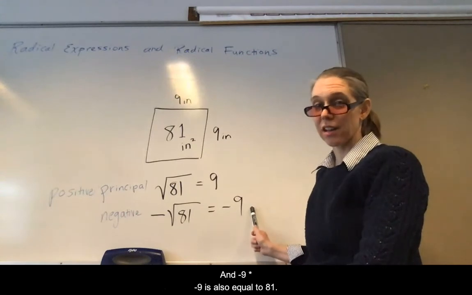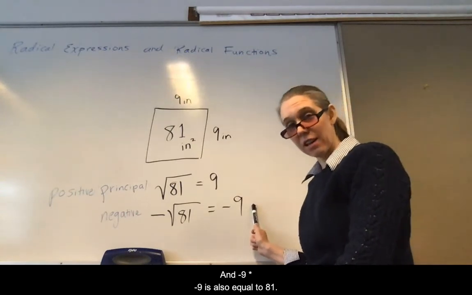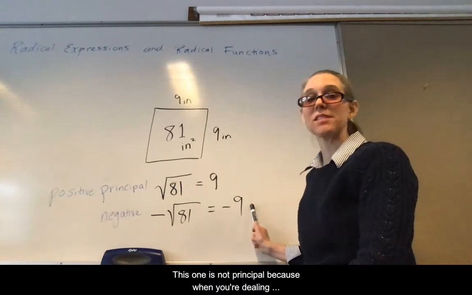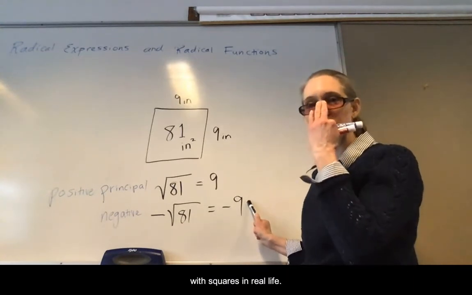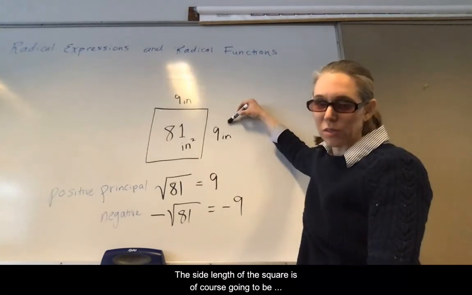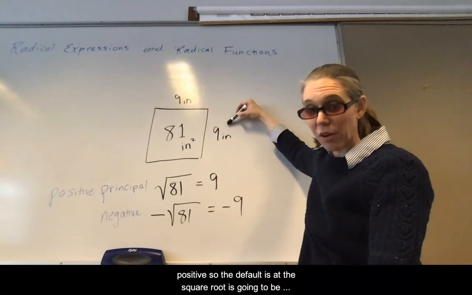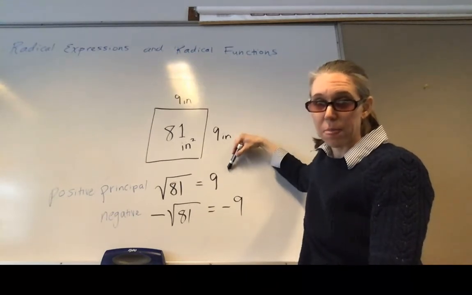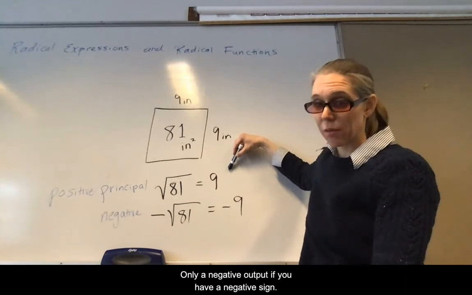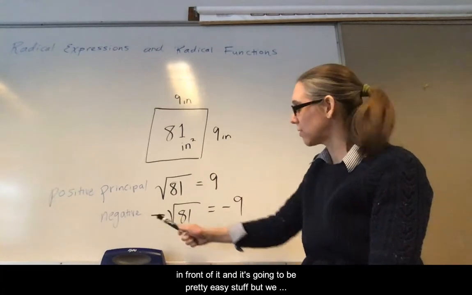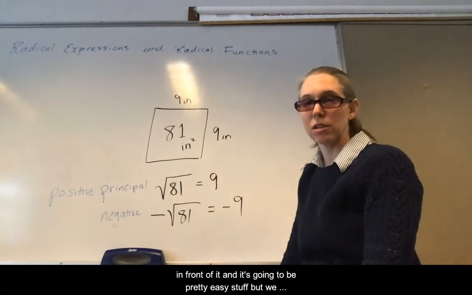And negative 9 times negative 9 is also equal to 81. But this one is not principal, because when you're dealing with squares in real life, the side length of a square is of course going to be positive. So the default is that the square root is going to be a positive output. It's only a negative output if you have a negative sign in the front of it, okay? So if there's a negative sign, then it's going to be negative.